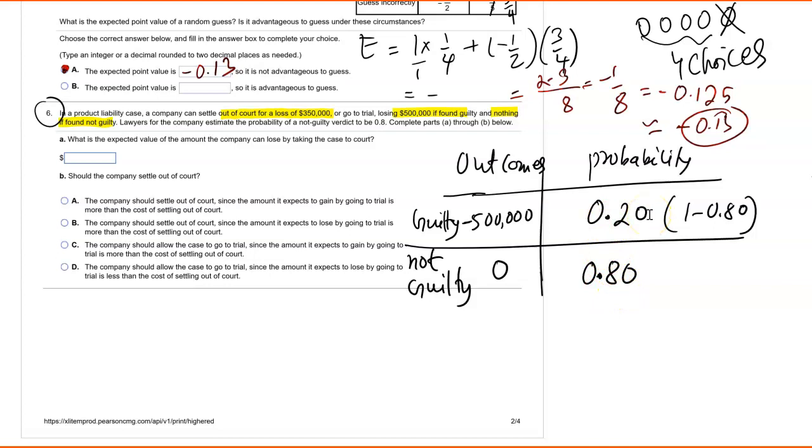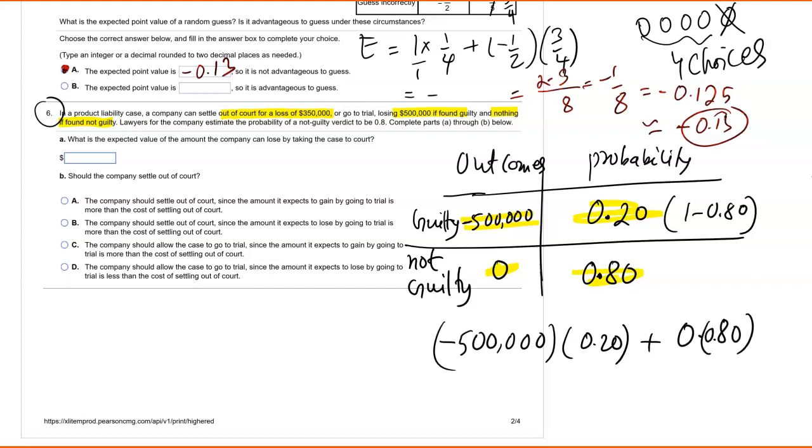Okay. Now, let's find the expected value. To find the expected value, you multiply the outcome with the probability and add them up. You're going to get negative 500,000 times 0.20 plus 0 times 0.80.